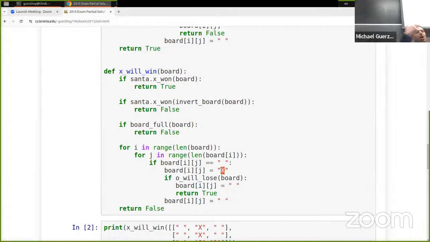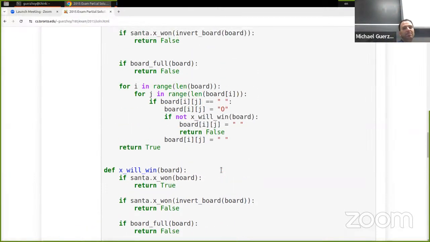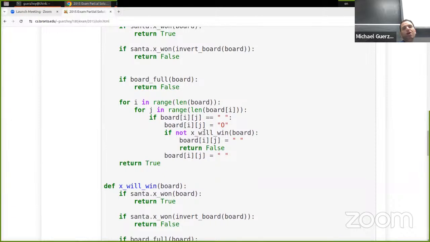And then not will lose is a very similar function, right? What does it mean that not will lose? Well, it means that it doesn't matter where not will put its piece, X can still win. Right? And that's exactly what we do. So we try to put a not on every square.